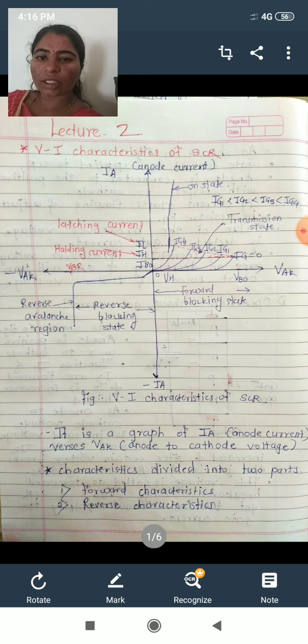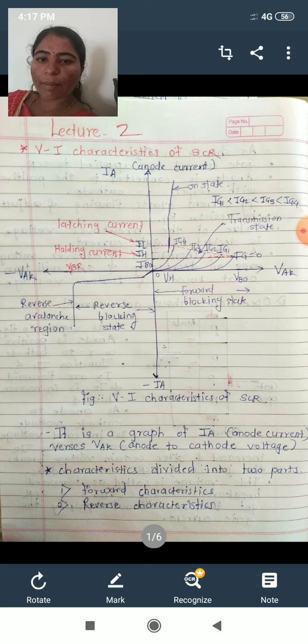Now see the basic terms. First is breakover voltage. What is breakover voltage? Breakover voltage is the higher voltage applied between the anode to cathode while SCR is in off state. Next is latching current.